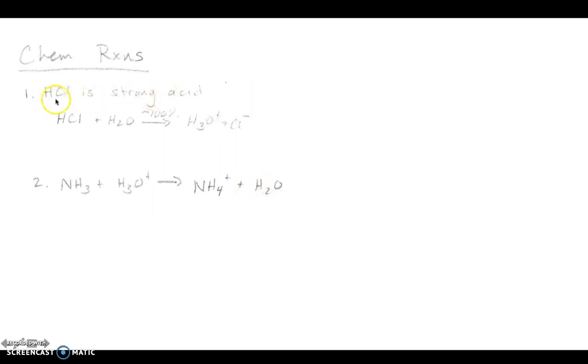We know our strong acid is HCl, and by definition a strong acid is going to approximately 100% dissociate. So even before the HCl is added to our ammonia, even though it's 0.025 molar HCl, it's actually already undergone a reaction with the surrounding water. All of that HCl is effectively now hydronium and chloride. So when I add this to ammonia, there's my hydronium, which used to be the HCl.